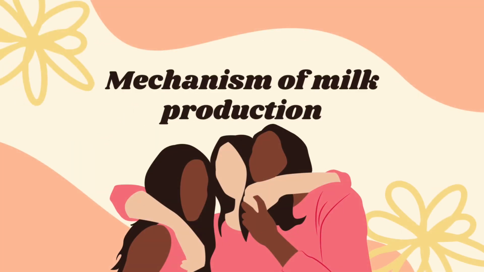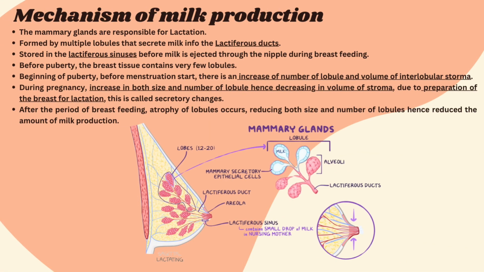As for the mechanism of milk production, the production of milk is the responsibility of the mammary glands. This process is called lactation. The mammary glands are formed by multiple lobes that secrete milk into the lactiferous duct. The milk is then stored in the lactiferous sinuses before it is ejected through the nipple during breastfeeding.